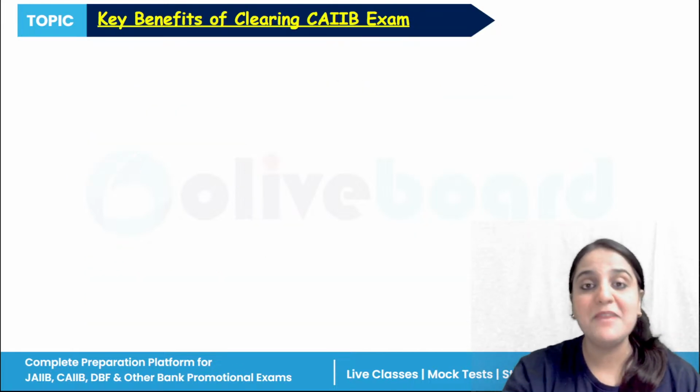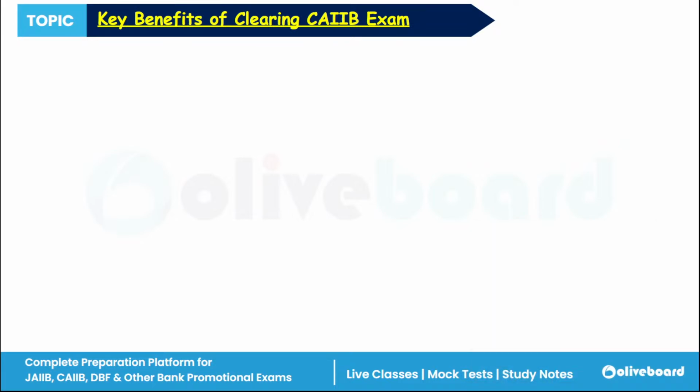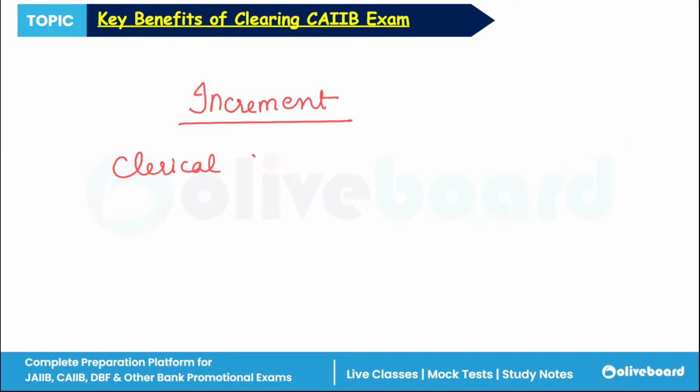And what are the key benefits of clearing this CAIIB examination? The first and most important benefit is the increment for bank employees. Clerical staff receive 1 increment after JAIIB, but here double increments after the CAIIB.